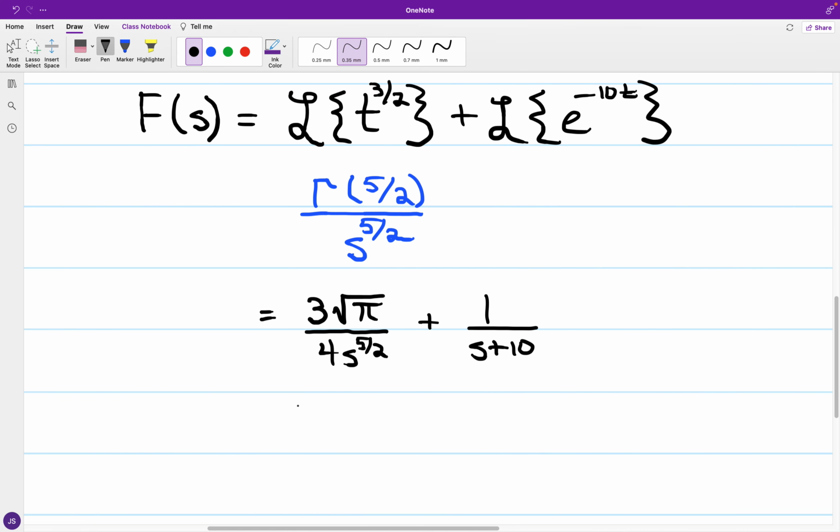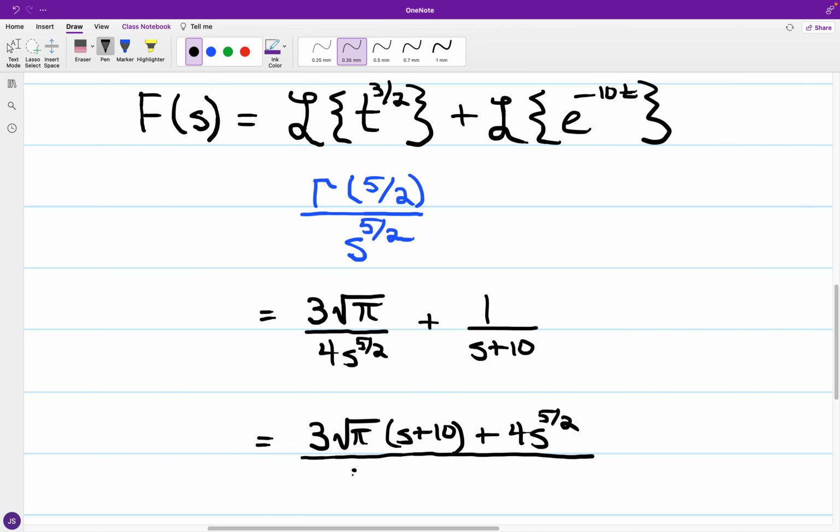If I were to consolidate, I would have in this case 3 times the square root of pi times the quantity s plus 10, plus 4 times s to the 5/2.